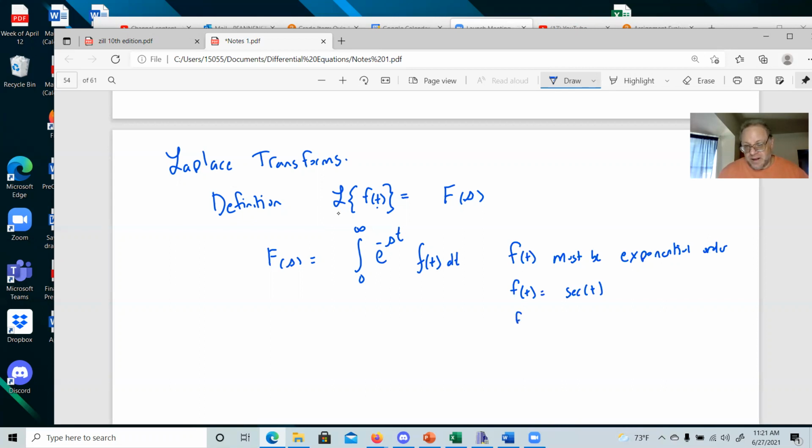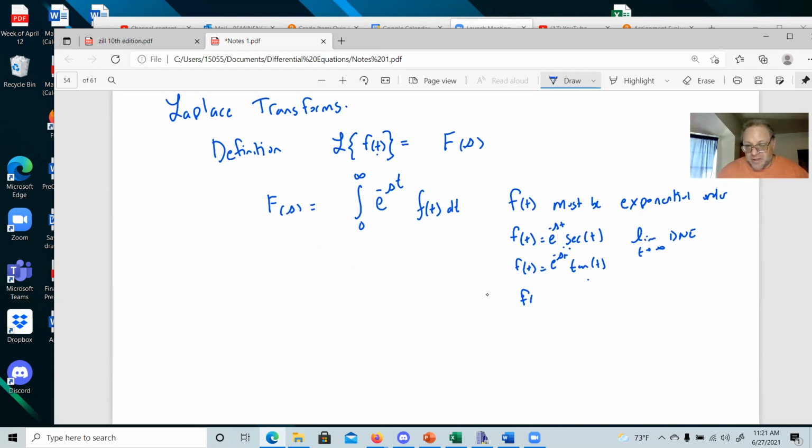So f of t equals tangent of t is going to have a lot of asymptotes in it that shoot off to infinity. The limit as t goes to infinity of this function just does not exist. So regardless of what I multiply it by, this is not going to exist as an integral.